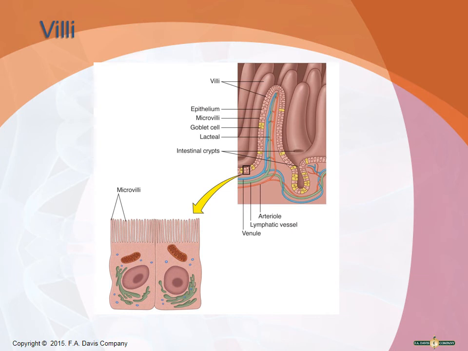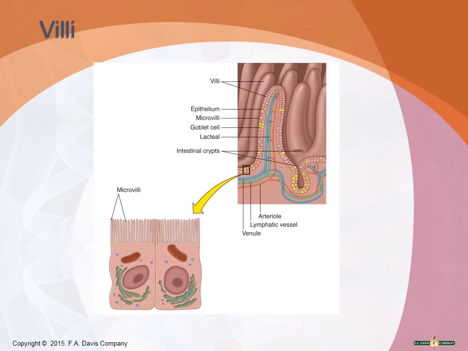So the microvilli are on top of each cell, and the villi are just like a shag carpet. But each thread of that shag carpet, or villi, has a blood vessel, both arterial and venous, as well as a lymph vessel.